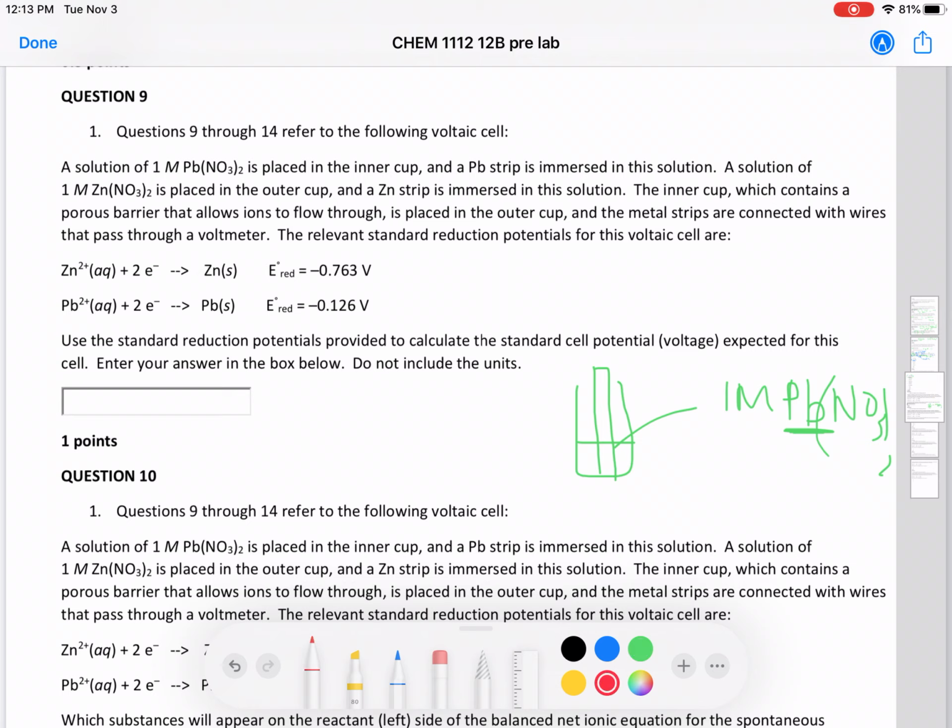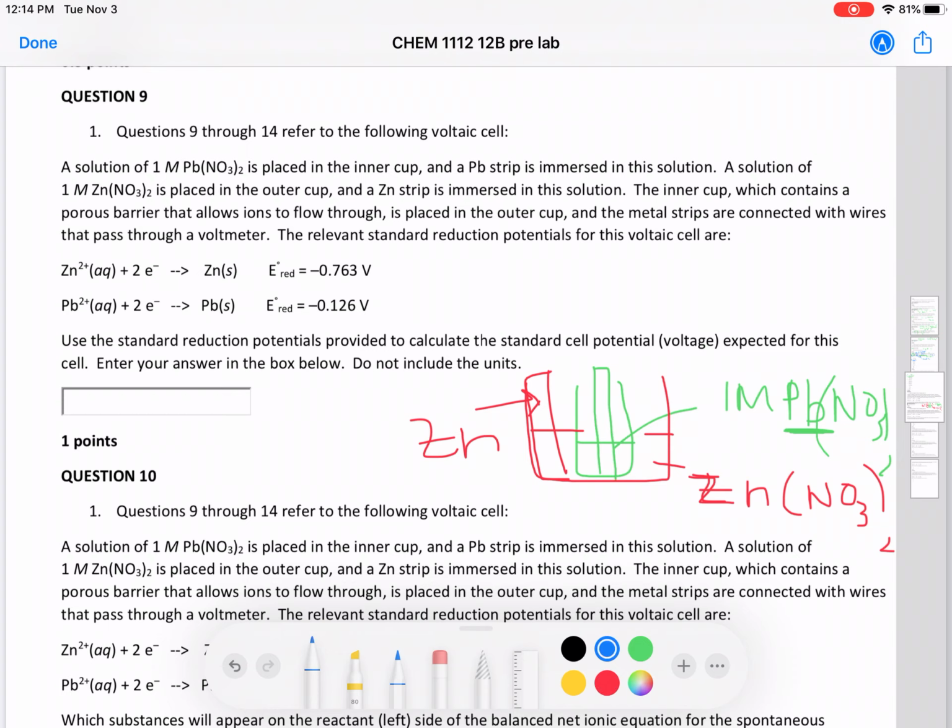And then you take another one, the outer cup, you put zinc solution, zinc nitrate, and this is going to have a zinc electrode, and then you construct an electrochemical cell. The inner cup, which contains a porous barrier that allows ions to flow through, is placed in the outer cup, and the metal strips are connected with wires that pass through a voltmeter.